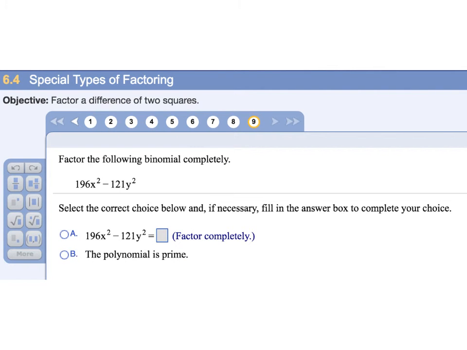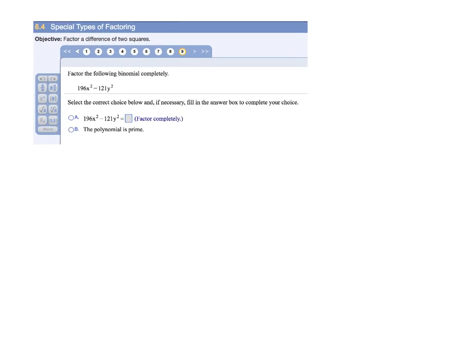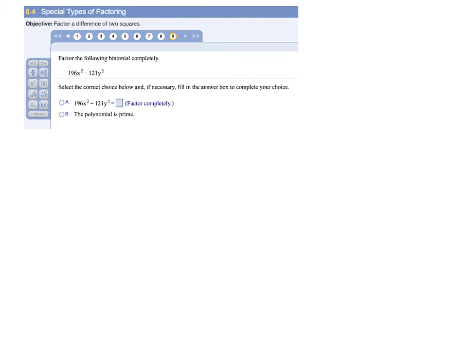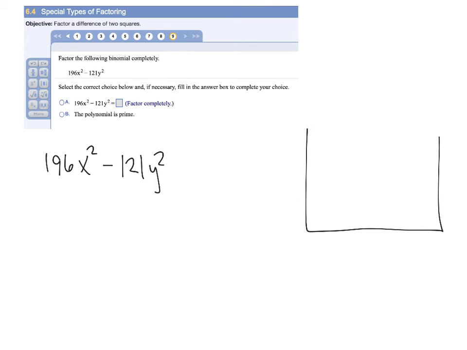And the last one, and again, just got to know your times tables on this. So this is 196x squared minus 121y squared. So when we do our box over here, you get 196x squared.